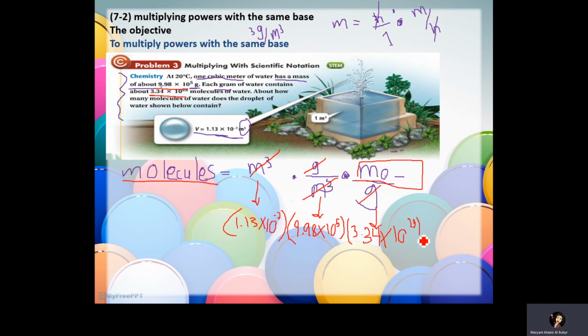So the basic concept here is this part: how to multiply scientific notation, as you see here. That is equal to just multiplying this number with this number with this number. Just multiply them all by your calculator.